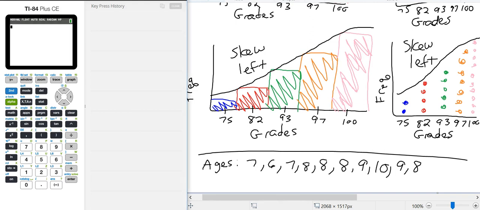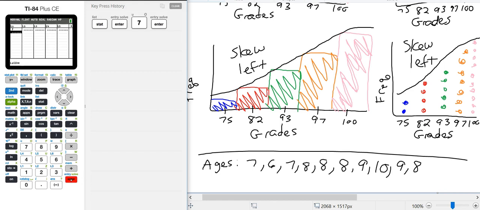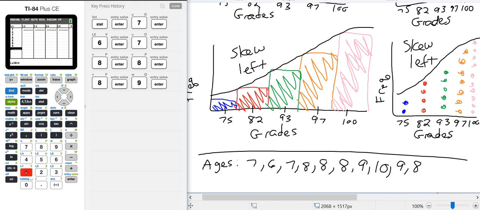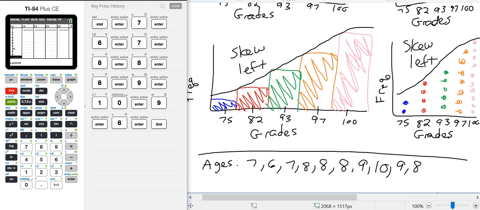We're going to press the Stat button, Edit, and we're going to enter all of our data points into L1, into List 1. Then we're going to press second, Y equals, so we're in the Stat Plot menu. We're going to use Plot 1, so we're going to press Enter. We're going to highlight the On button, press Enter to highlight it.